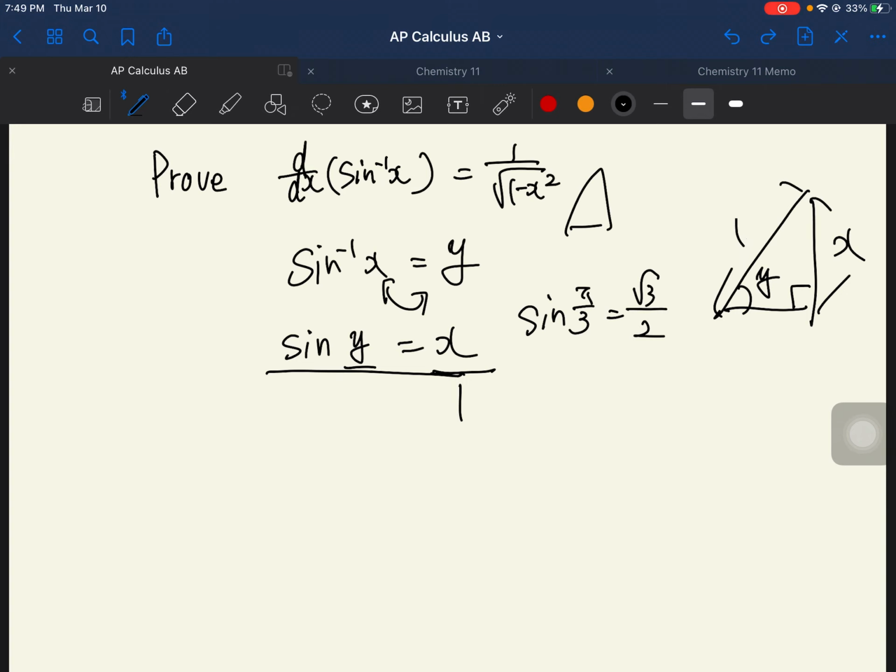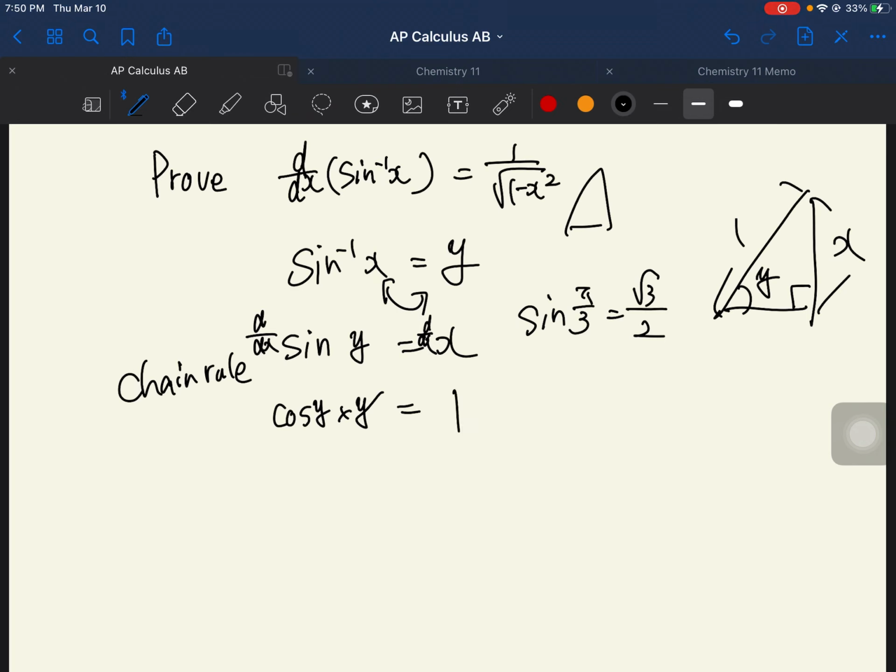And yeah, let's go back to the question. So let me differentiate this equation. On the left side, using the chain rule, the derivative of sine y is going to be cosine y times y prime, equivalent to 1.